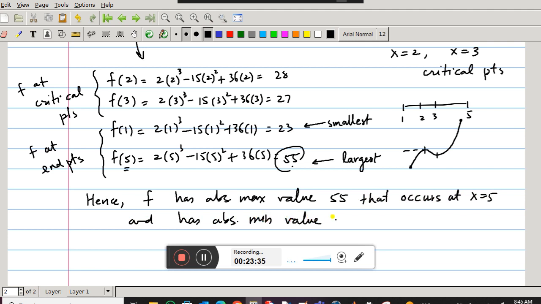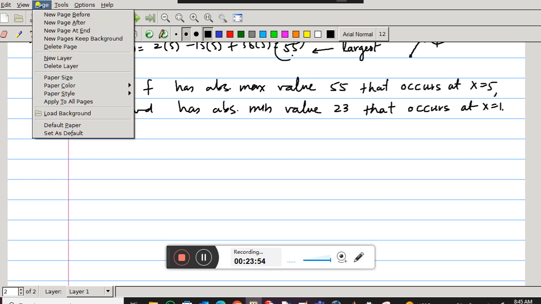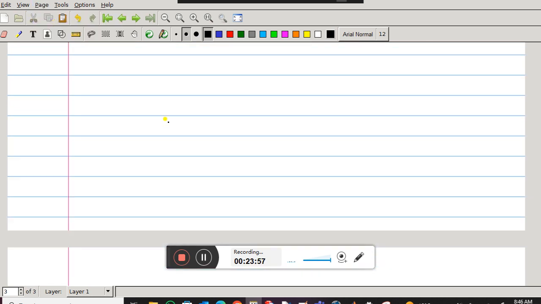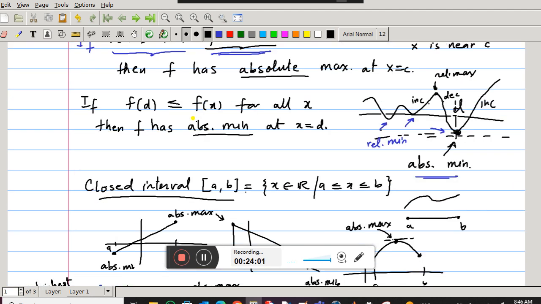What is the absolute minimum value? 23, right? And that occurs at x equal to 1. So the minimum value is 23 at x equal to 1, and the maximum value is 55 that occurs at 5. So testing absolute maxima minima on a closed interval is very easy. Okay, this is the first test, right? On a closed interval it is very easy.